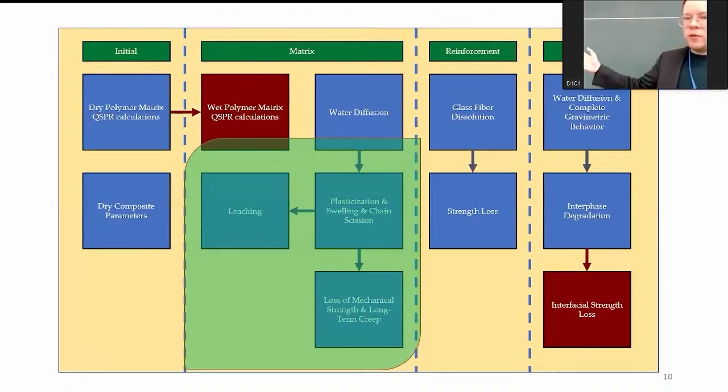Next, when we have water inside the material, it can cause plasticization, and it can sit between the polymer chains and start to swell, increasing volume. In some cases, some polymers are also affected by chemical degradation, so hydrolysis, chain scission.